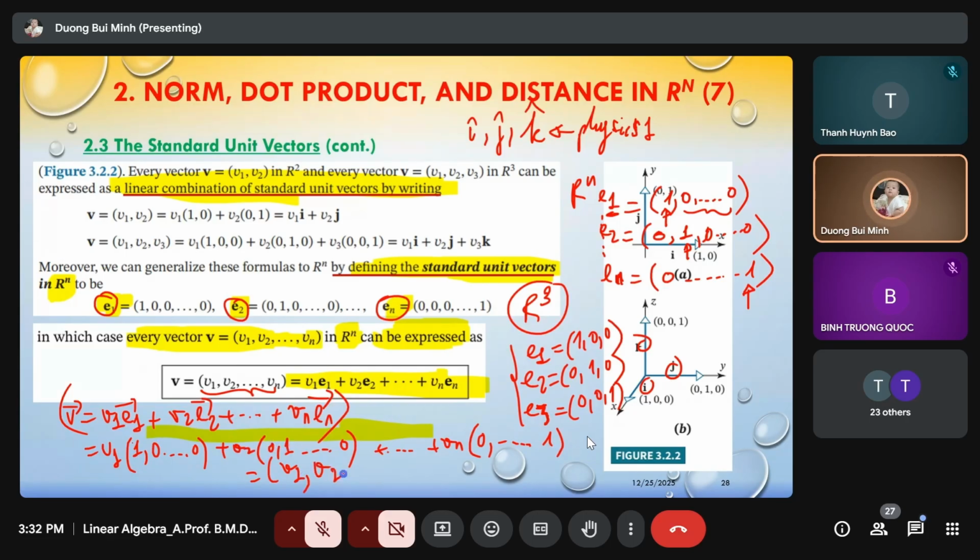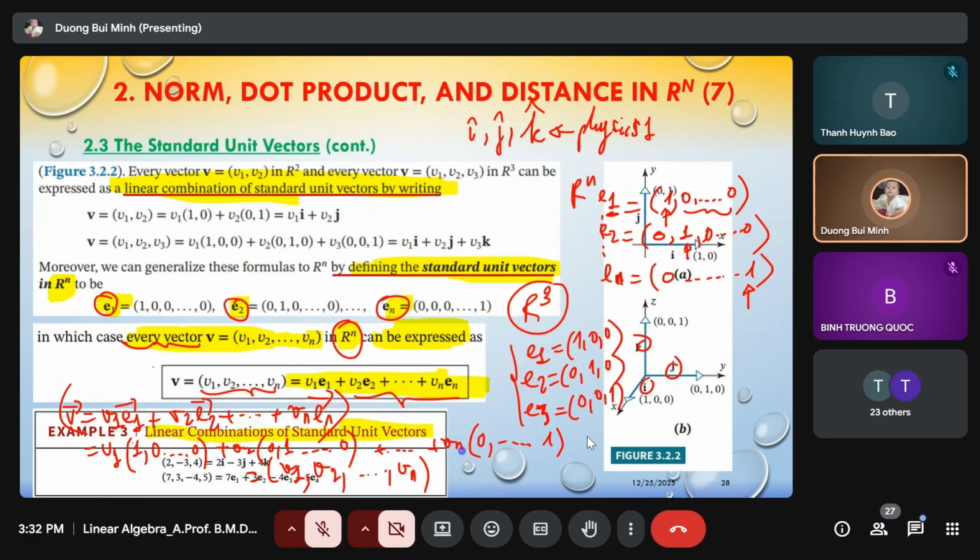So you get v1, v2, up to vn, the same. So every vector v belonging to Rn can be expressed as a linear combination of standard unit vectors.